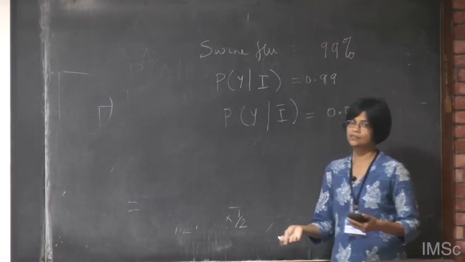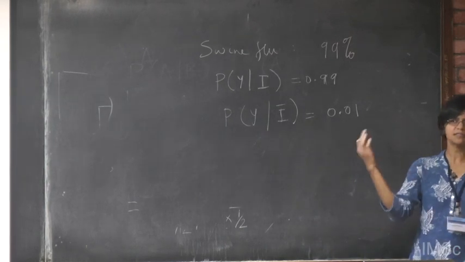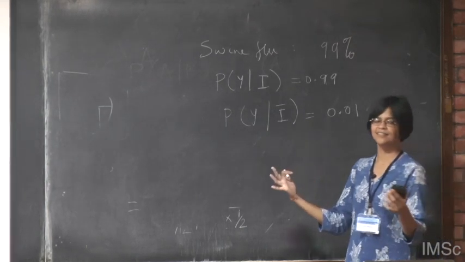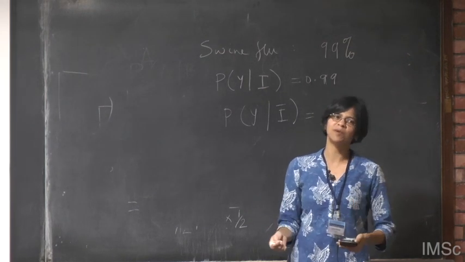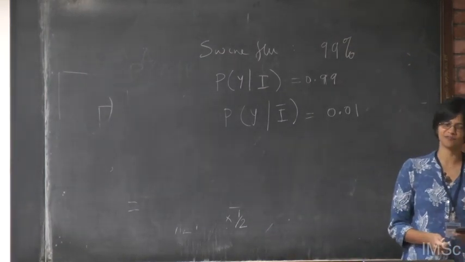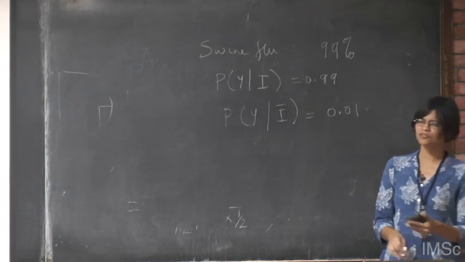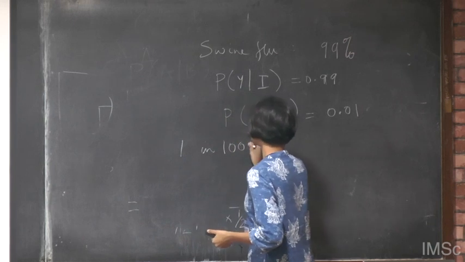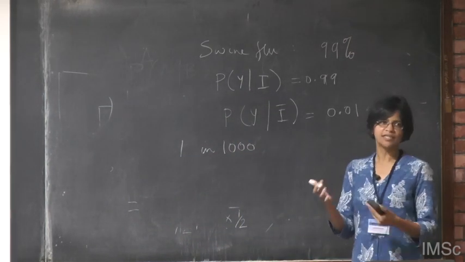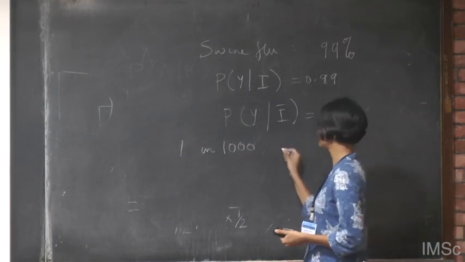Okay. The doctor has some expert knowledge, right? The doctor says, just because you came to me saying that you have tested, I don't believe it, because only 1 in 1,000 people with cold symptoms is actually infected with swine flu.